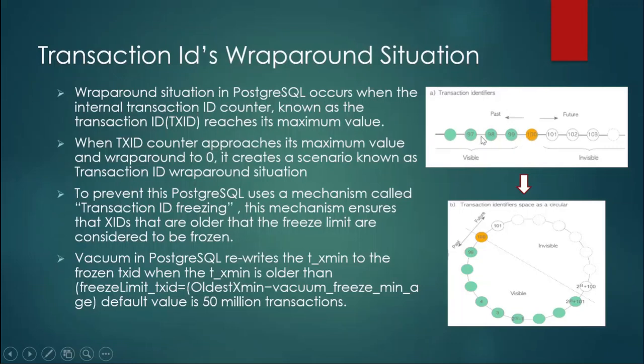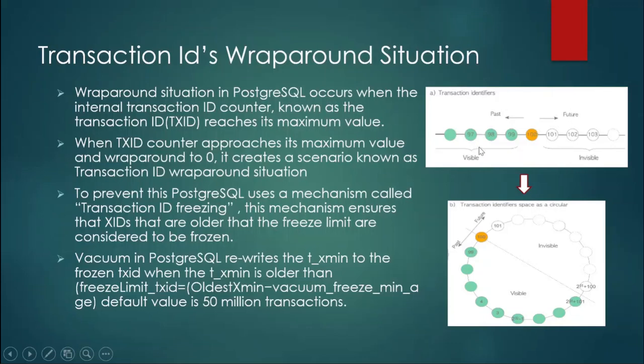Among the past transactions, the tuples that are marked as dead will have their transaction IDs reused in the future. This is called transaction ID freeze, and it is taken care of by the autovacuum process. You are reusing the transaction IDs of past dead tuples for future transactions. When you reuse these transaction IDs, you don't get the wraparound situation, right? So whenever a transaction ID reaches 50 million, it will reuse them for future transactions.